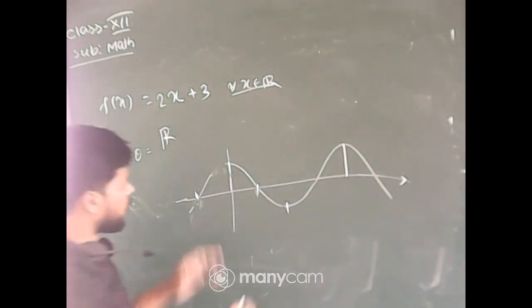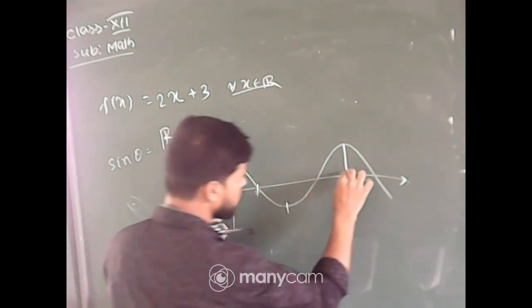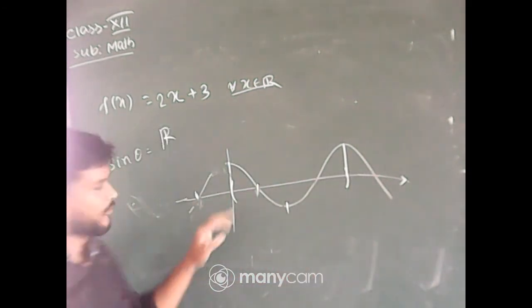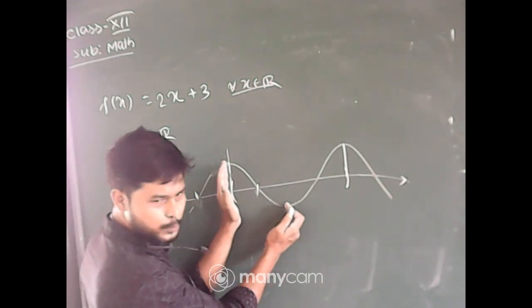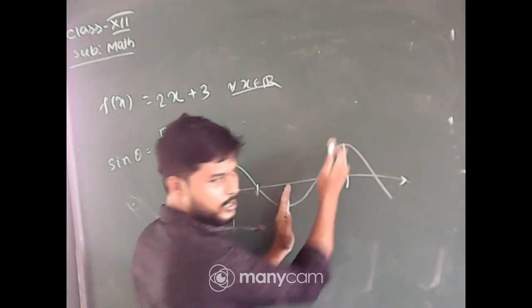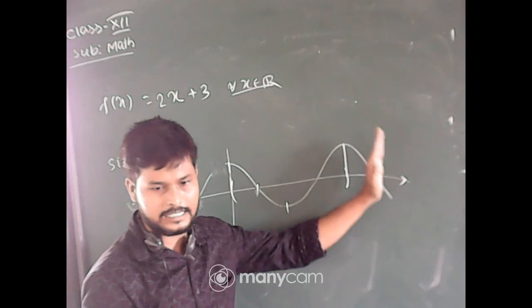So if I consider this interval, the function is increasing, decreasing in this portion and increasing in this portion. So we can't say that the function is decreasing or increasing.